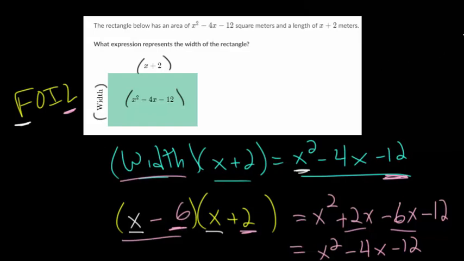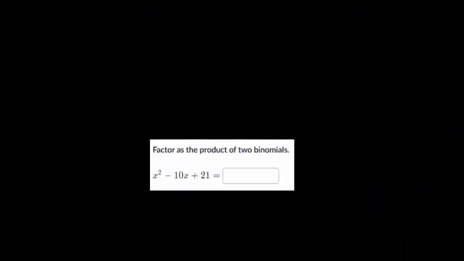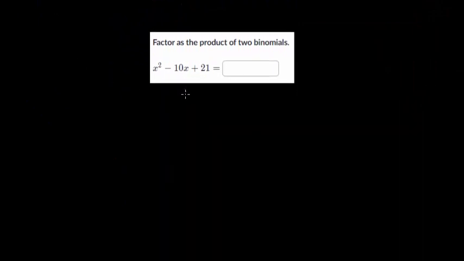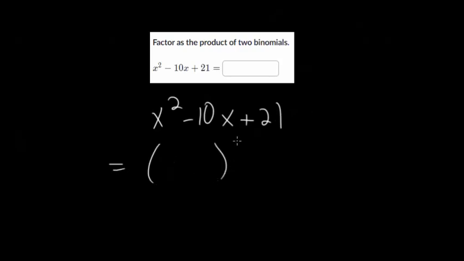And let's move on to one final example, just so that we can feel a little bit better about factoring these basic quadratic expressions. So to factor this expression, let me first start by just rewriting it. So we have x squared minus 10x plus 21, and we're going to set this equal to a product of two binomials. We'll be able to factor it into these two expressions multiplied together.